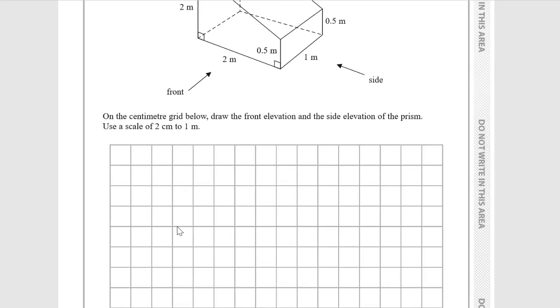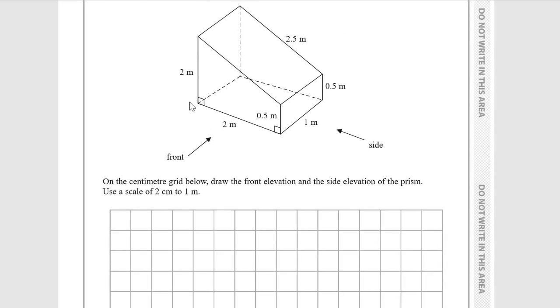Because I don't have a ruler, please excuse my lines. So let's do the front. We know that this is 2 and this is 2.5. It says 2 centimeters is 1 meter, and each one of these squares is equivalent to 1 centimeter.